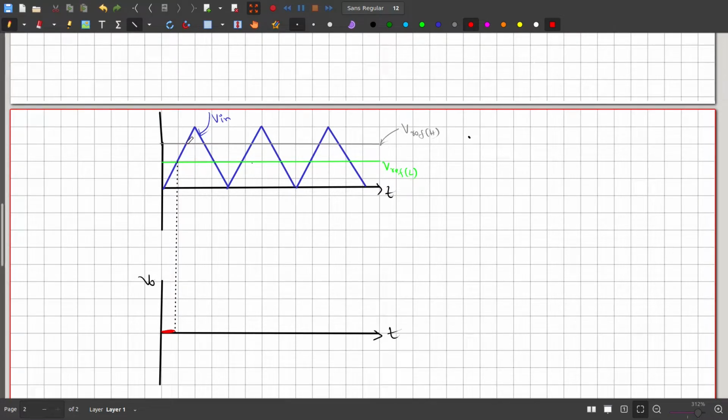So in this region, the input voltage is greater than the lower threshold, but it is less than the upper threshold.